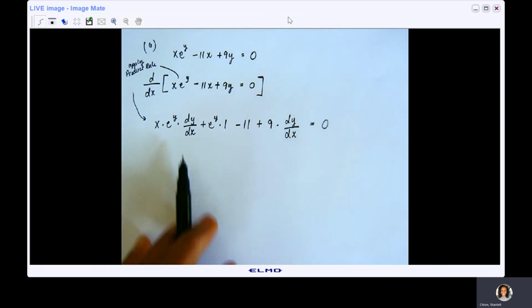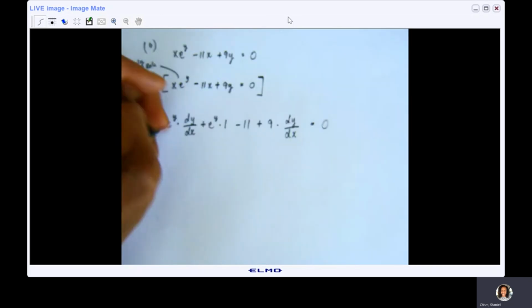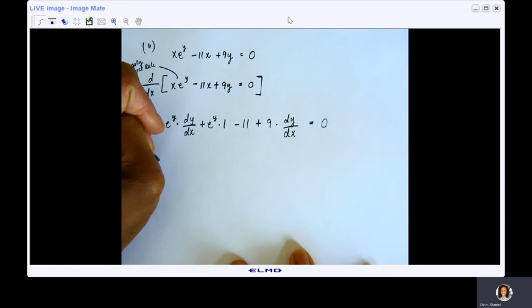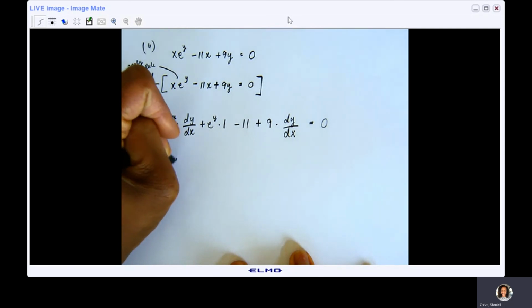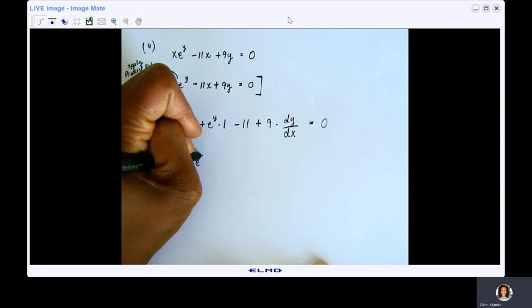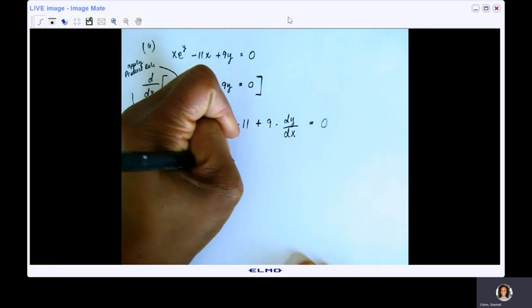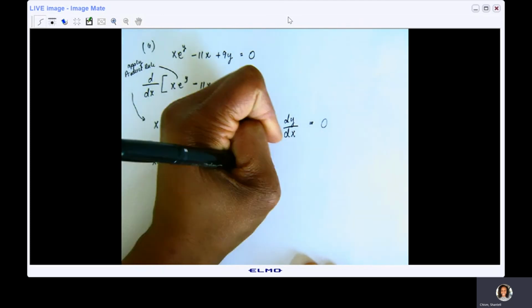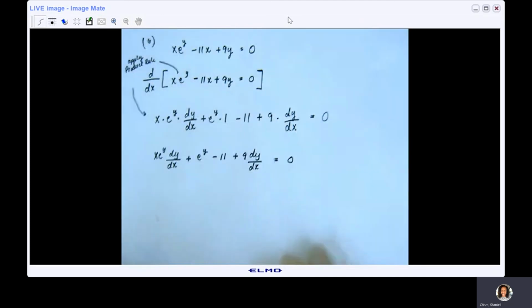Anything that does not have a dy in it is going to go to the other side, but let's clean it up a little bit. So we got x e to the y dy over dx plus e to the y minus 11 plus 9 dy over dx, and that equals 0.